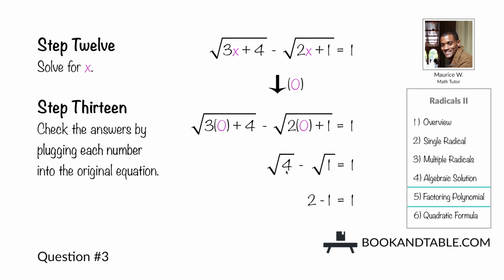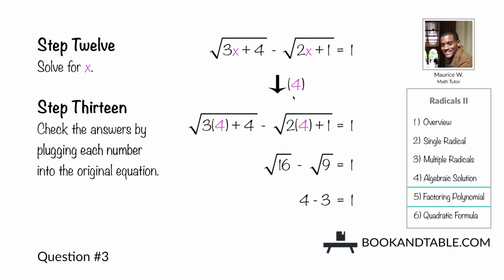The square root of 4 is 2. The square root of 1 is 1. So we have the first term minus the second term, which is 2 minus 1, which is equal to 1. So once we see 1 is equal to 1, and the left side equals the right side, that confirms that x is equal to 0 is a valid value for x.